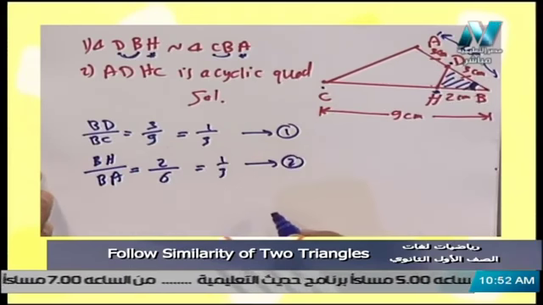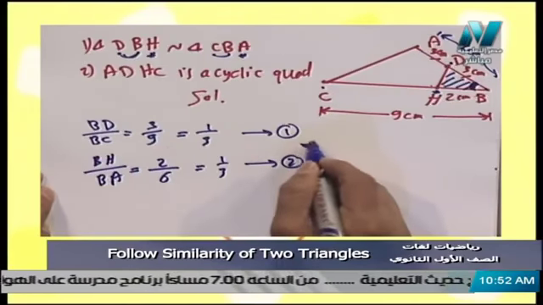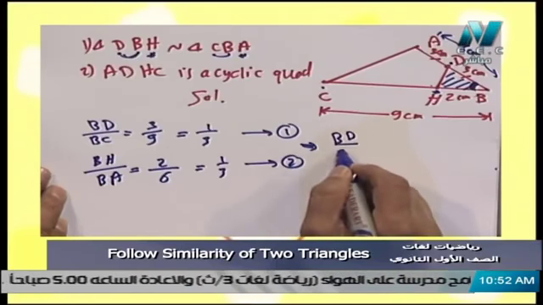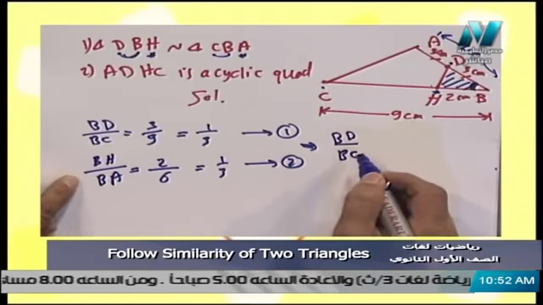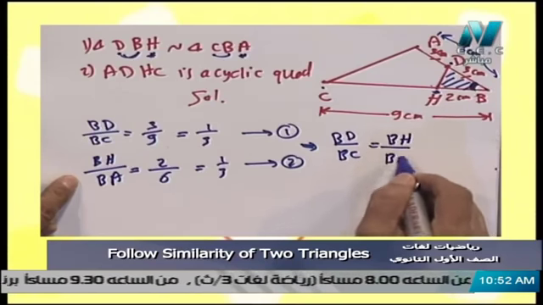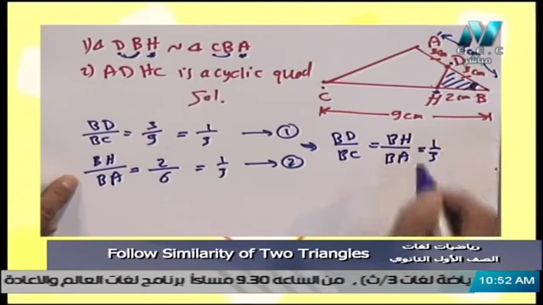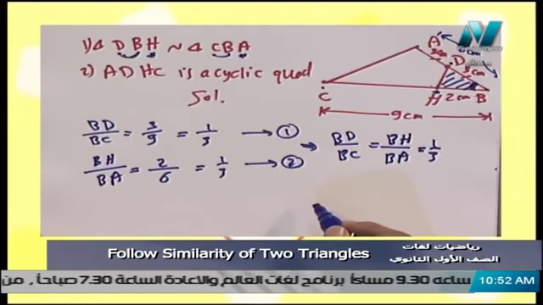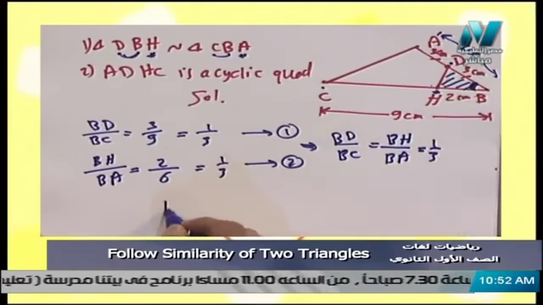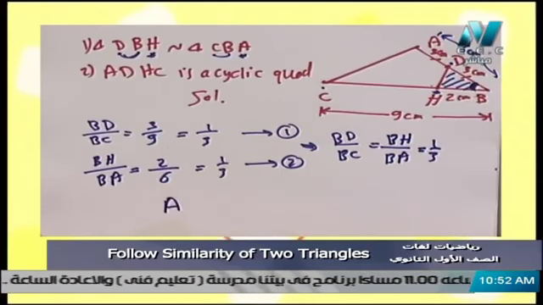This is equation number 2, and we deduce from these two ratios that BD over BC equals BH over BA, which is equal to 1 over 3. So the angle B here is the common angle.